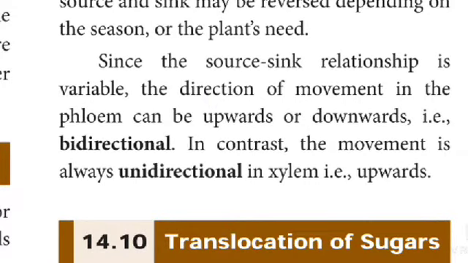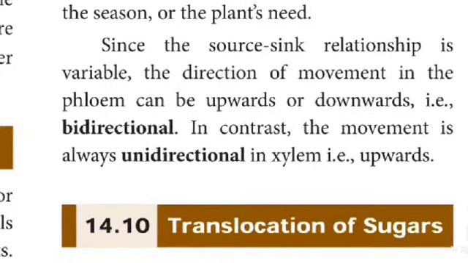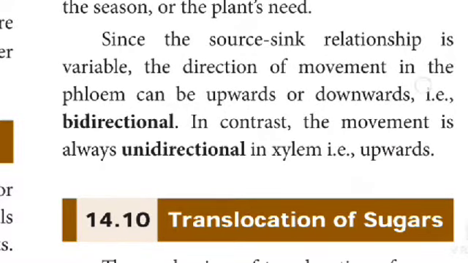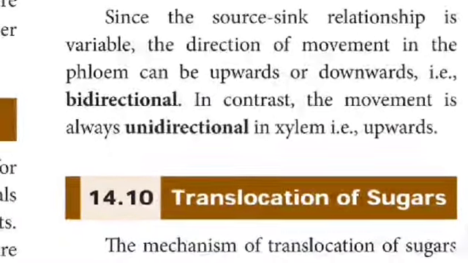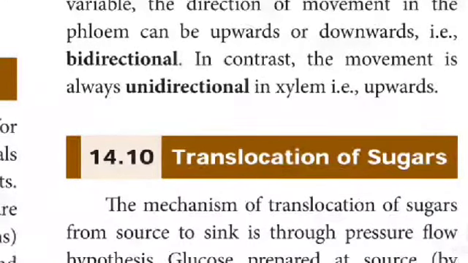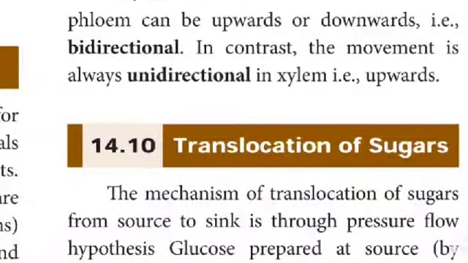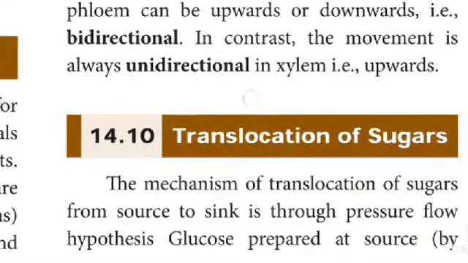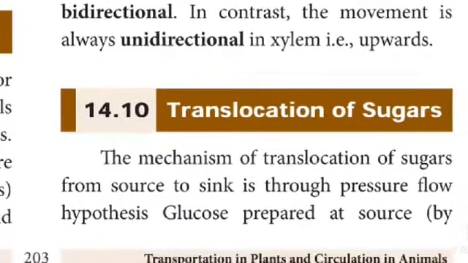Since the source-sink relationship is variable, the direction of movement in the phloem can be upward or downward, that is bidirectional. In contrast, the movement is always unidirectional in xylem, that is upward.